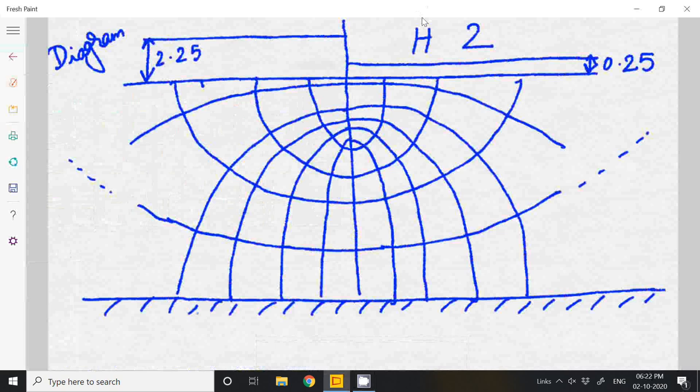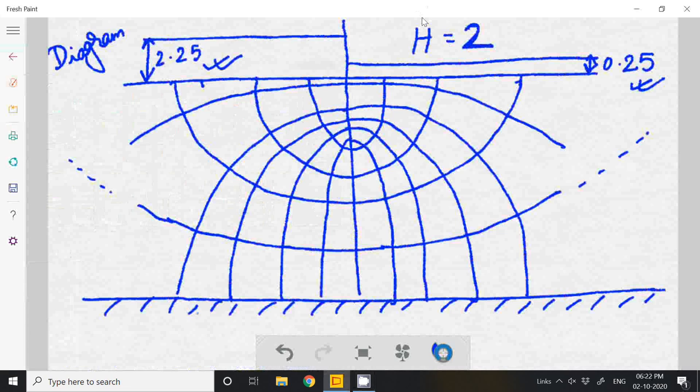So H is equal to 2. Initial head is 2.25 from where the water starts flowing, and after it flows and reaches the other side, its head becomes 0.25. So that is the final head. So what is the total head that it has changed? That is 2, isn't it? So that H is the head difference, which will be used in the formula.